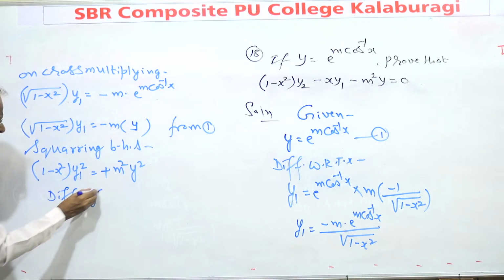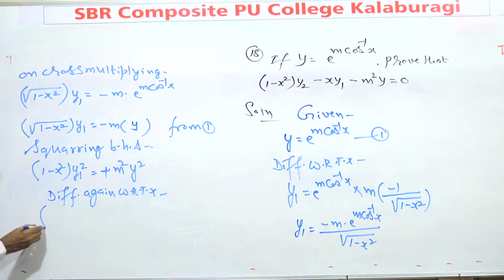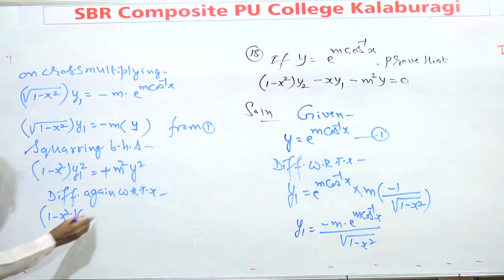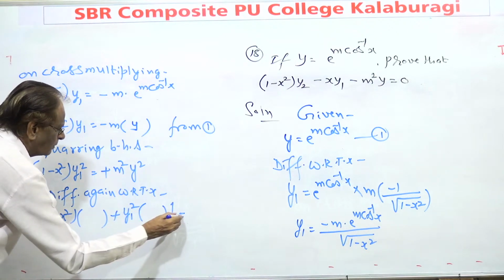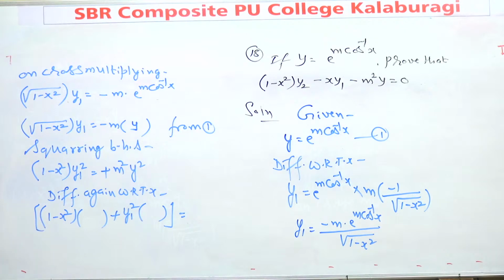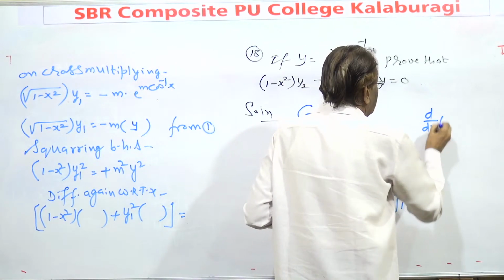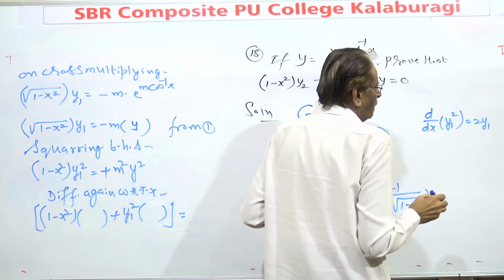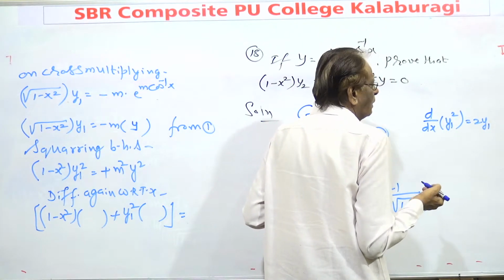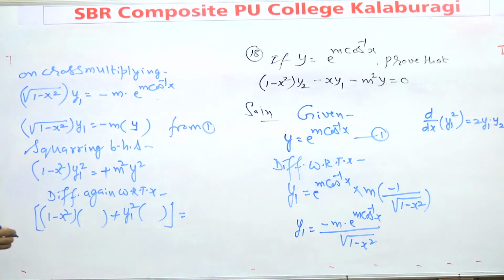Differentiating again with respect to x. Product. Bracket as it is, differentiate y1 square, plus y1 squared as it is, differentiate bracket. Differentiation of y1 squared is 2y1, then differentiation of y1 is y2, so 2y1 y2.